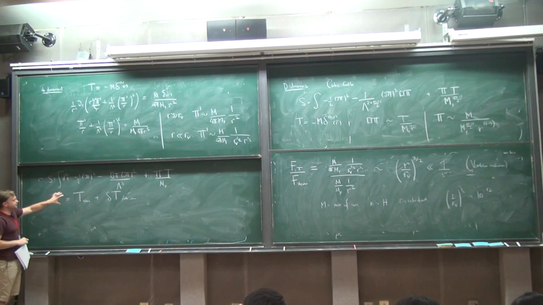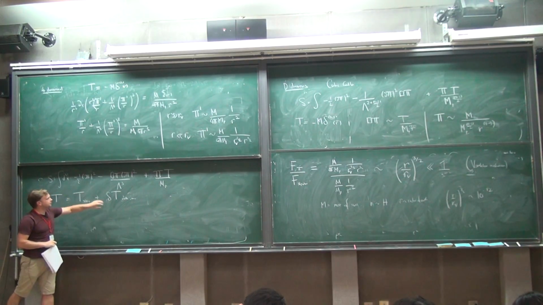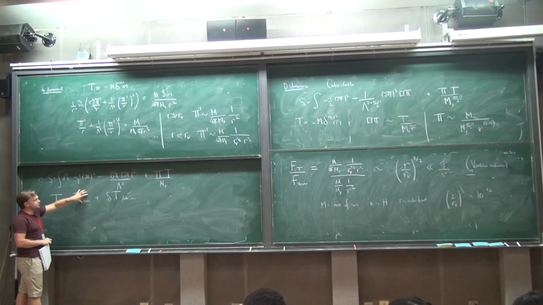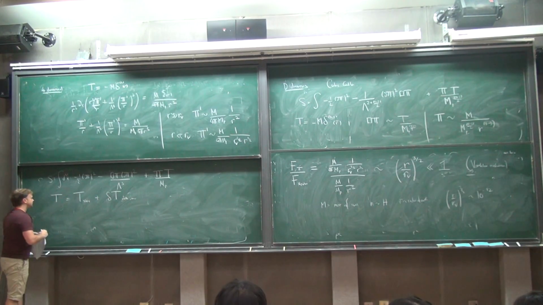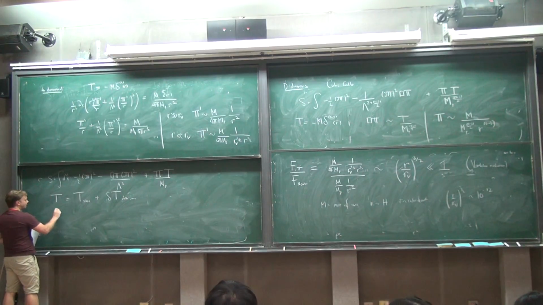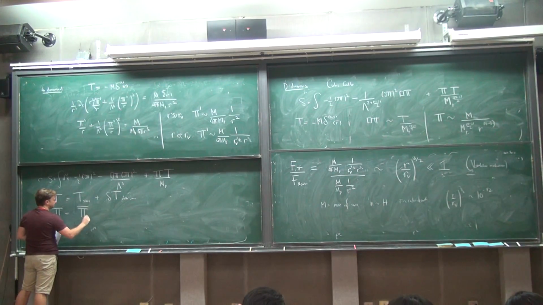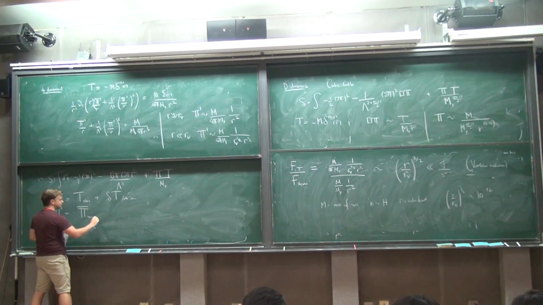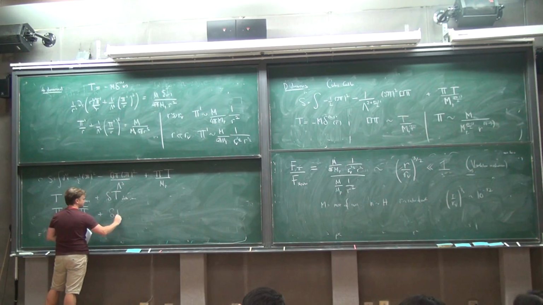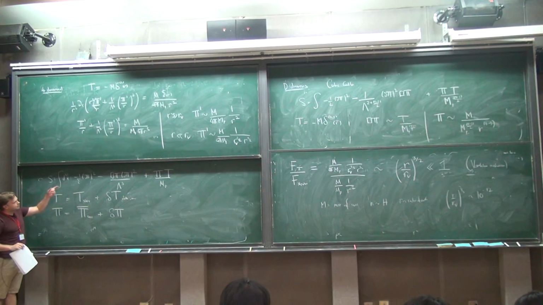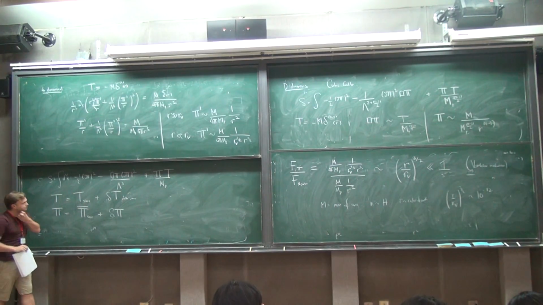So we think of splitting this up into a background contribution plus a perturbation. And then associated with the background contribution from the sun, we can split pi up into a background contribution from the sun plus perturbations, and look at what happens for the perturbations.